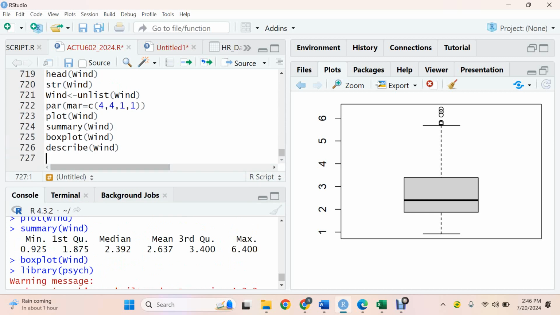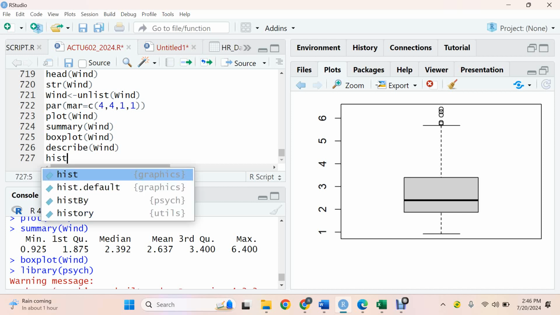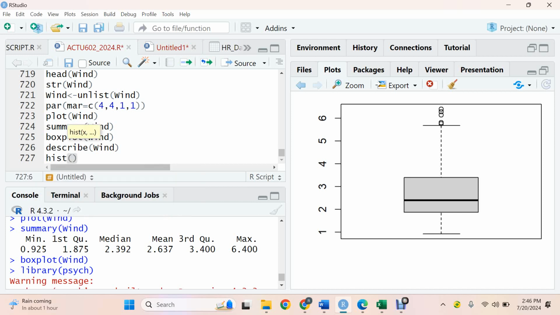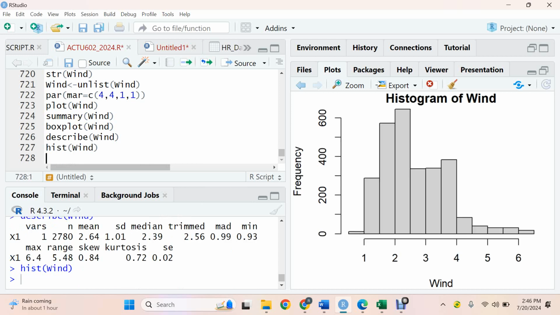What graph will help you to say what you want to say now? Good, yeah. So you can also plot the histogram of wind, and it looks like this. So, as I said, there's no need to do this. You need to take out the label.